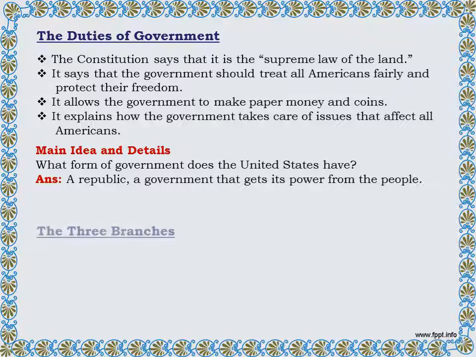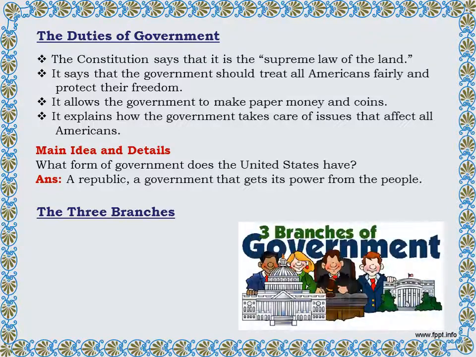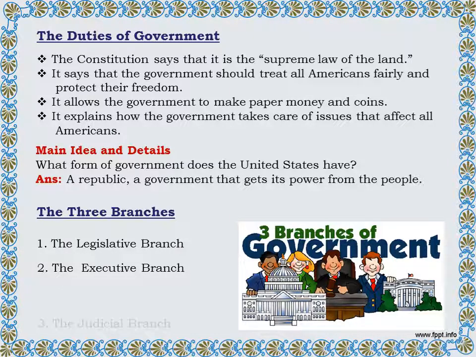And now let's talk about the three branches. We have the legislative branch, the executive branch, and the judicial branch.